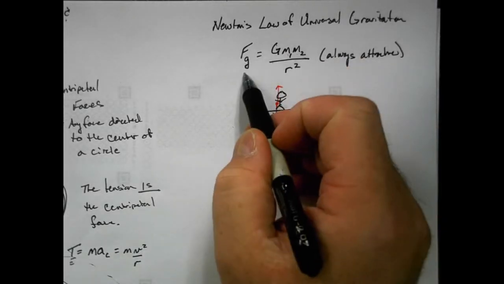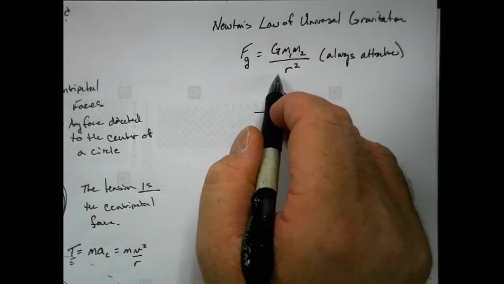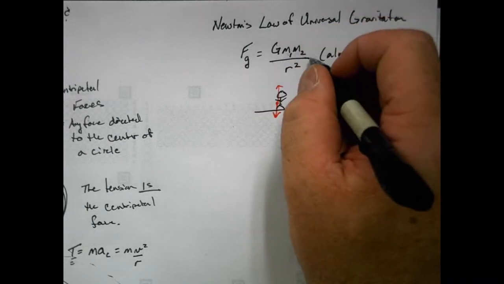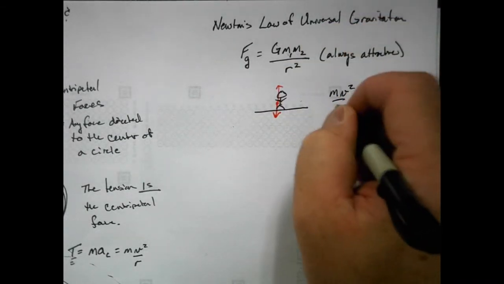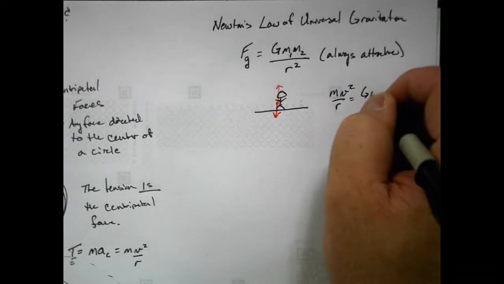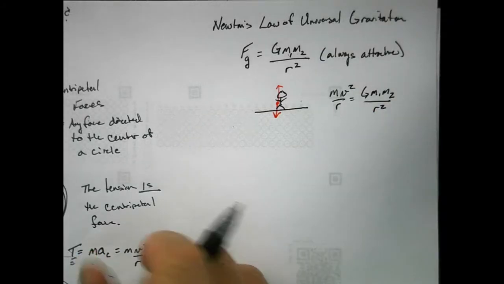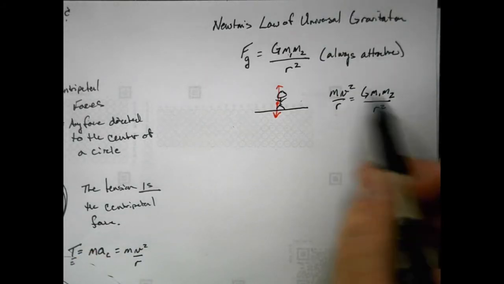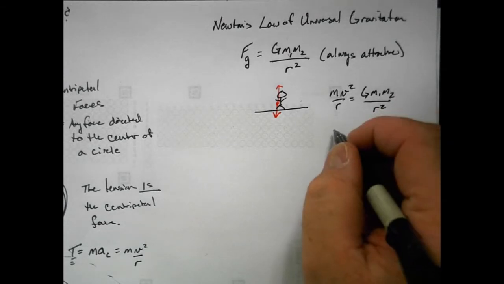Well, if you're in orbit, and this is your gravitational pull, then this is the only thing keeping you in a circle. This is our centripetal force, and this is our gravitational force. This becomes our centripetal force, and we can solve this.